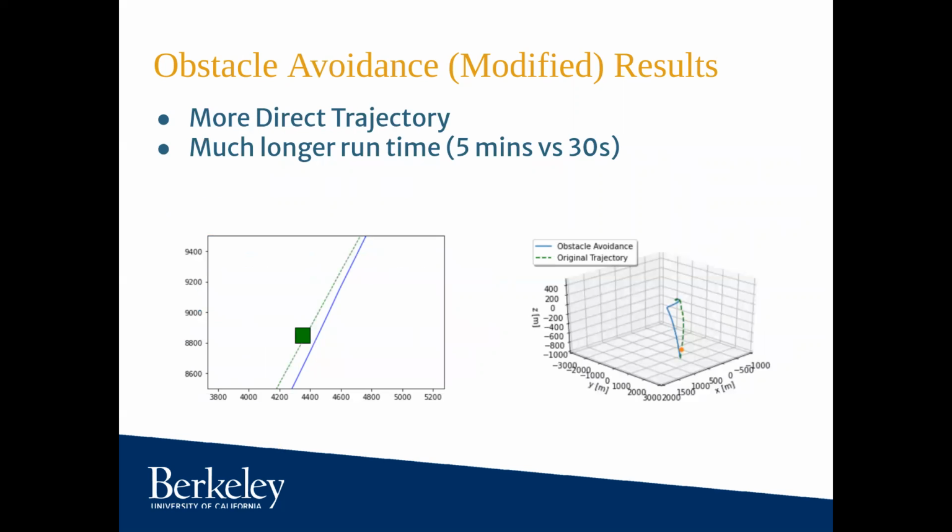Here in these plots, you can see that we do indeed avoid the obstacle, and we have a slightly different path. The reason we have a slightly different path is because we used a 120 second constrained finite time optimal control problem, as opposed to the previous phase where we were able to do much longer because our sampling time was 120 seconds and we were doing 20 samples.